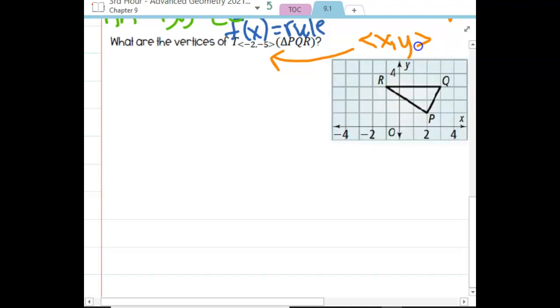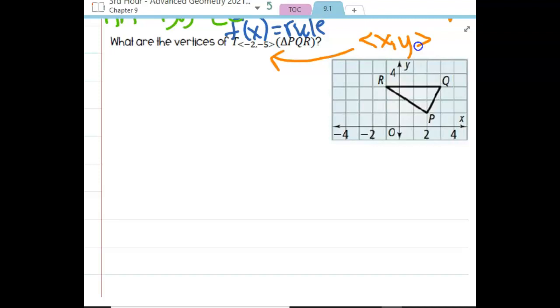Meaning that the first number tells you how you are going to move along the x-axis. So since it's -2, it means you are going to move left 2 on the x-axis. And then since it says -5 on the y-axis, you're going to move down 5 on the y-axis.